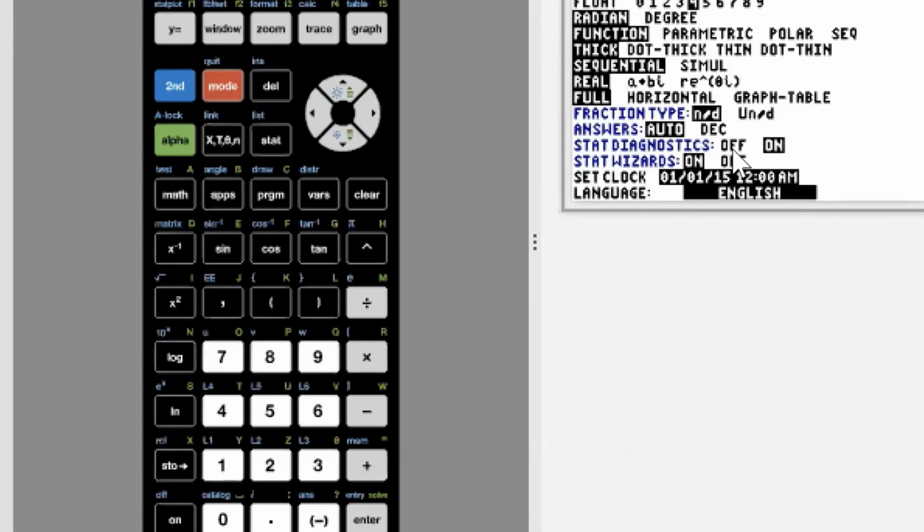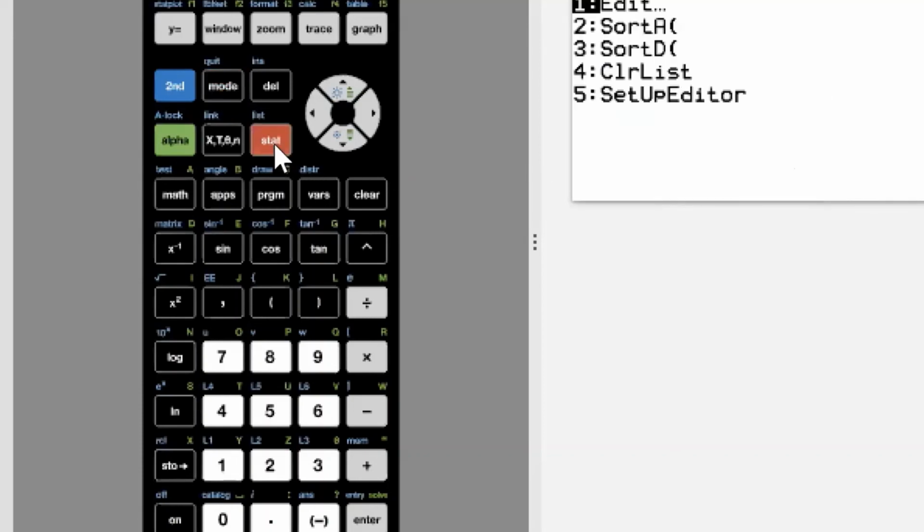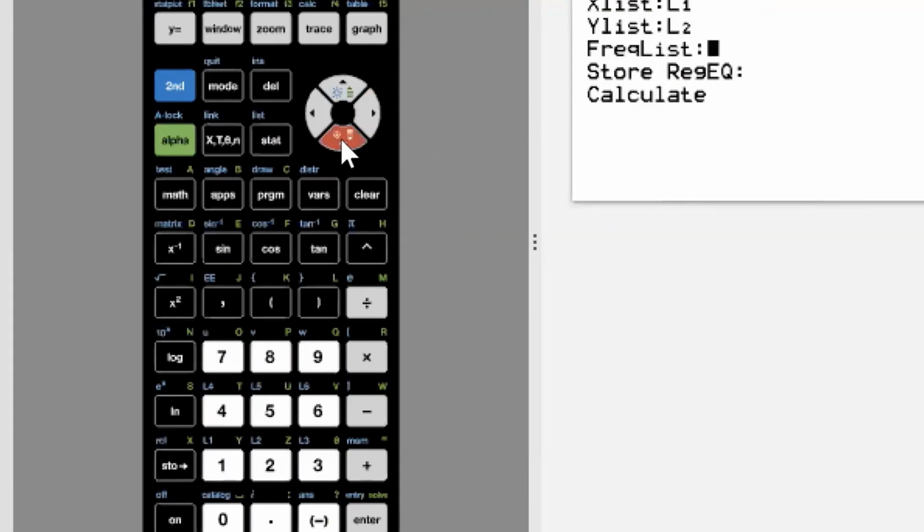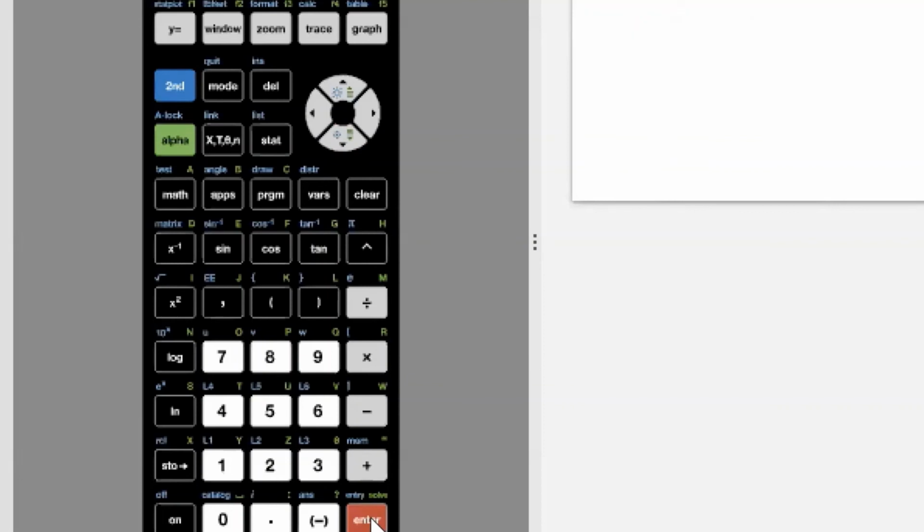It cannot be off, it must be on. Turn it on, and after you turn that on, repeat the process again. Go to stat, and then go to calculate, go to number 4, and then calculate and see whether you'll get R or not. Yes, sir. Thank you. That was it. I got it. Thank you. Good, very good.